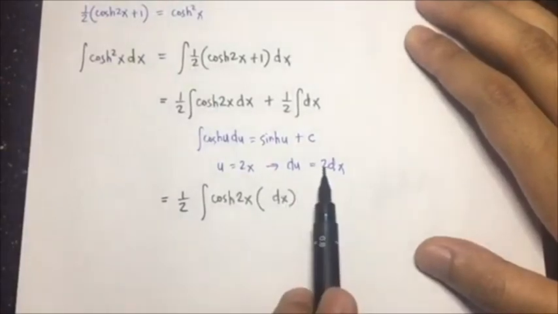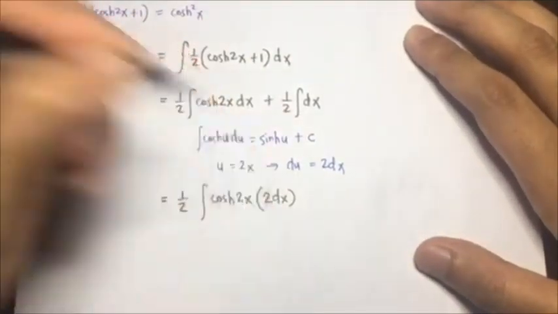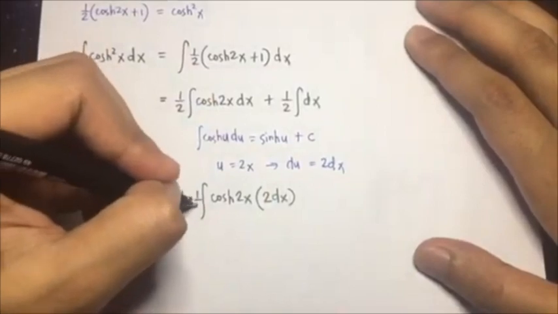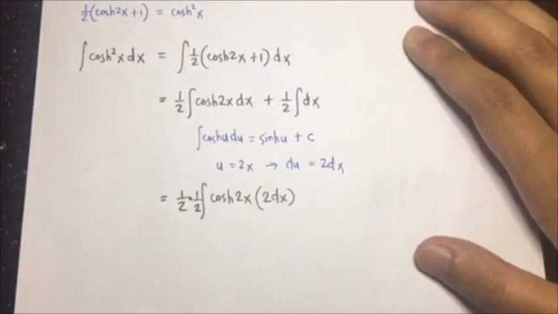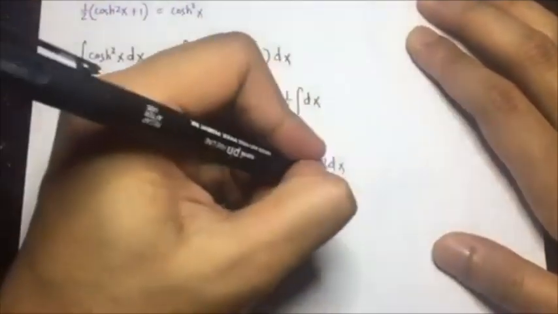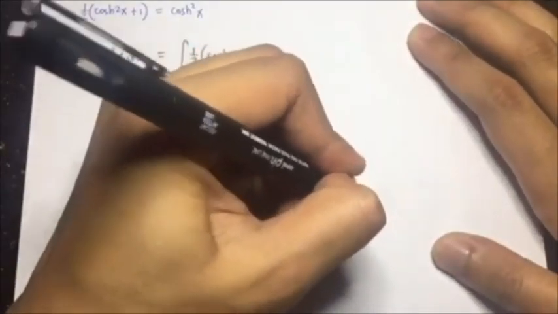So we have a missing numerical coefficient 2. Write there 2, and then outside the integral sign, write the reciprocal of that numerical coefficient. The reciprocal of 2 is 1/2. So we write that there, and then plus 1/2 integral of dx.